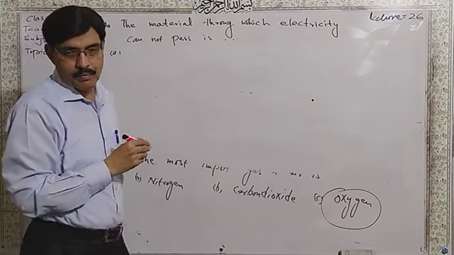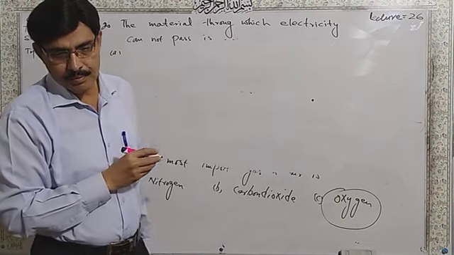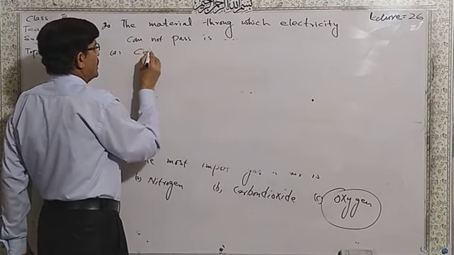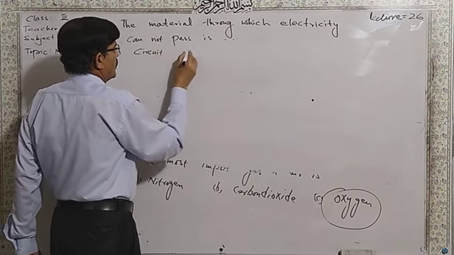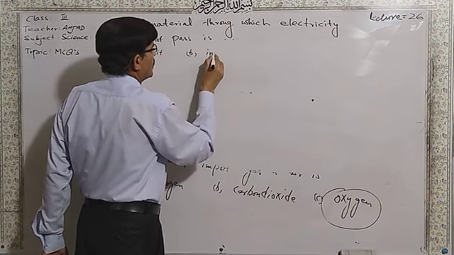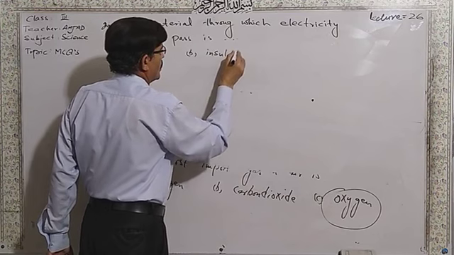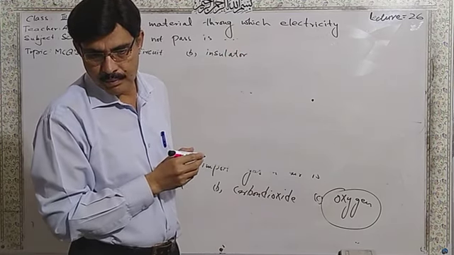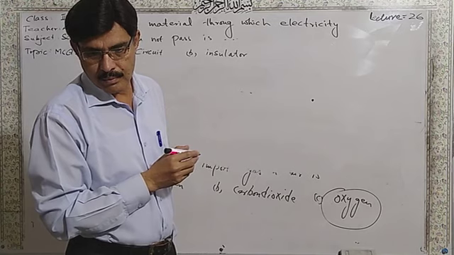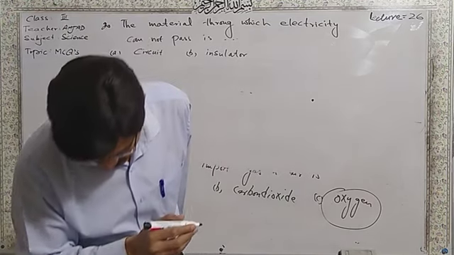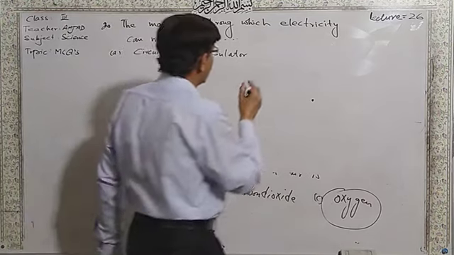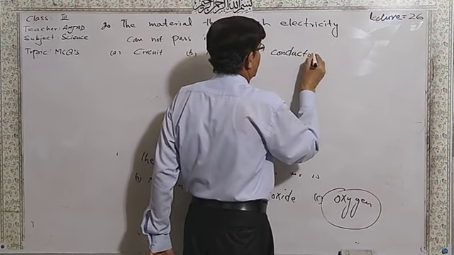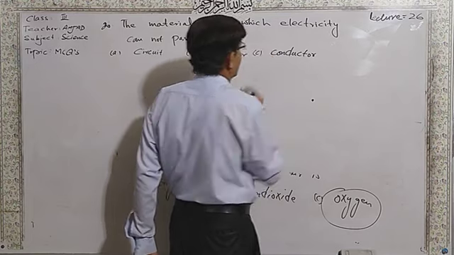A, circuit; B, insulator; and C, conductor.